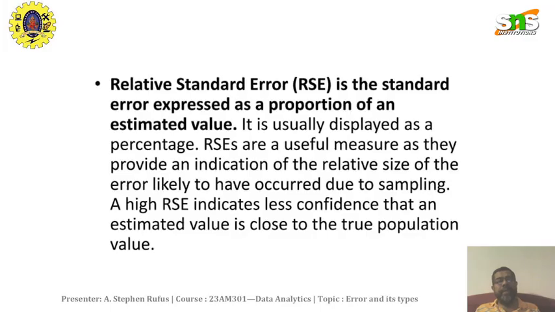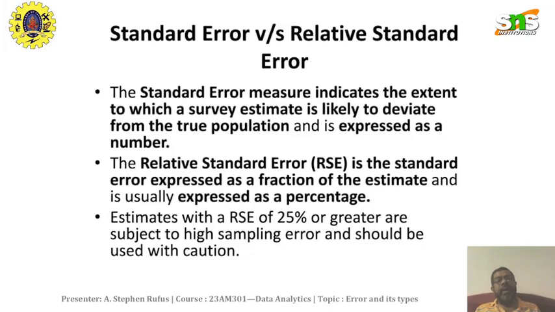The RSE is a useful measurement, and it also provides an indication of the relative size of the error that can occur due to sampling. A high RSE indicates less confidence, and a low RSE indicates very good confidence in the true population. So this is the representation of the standard error.